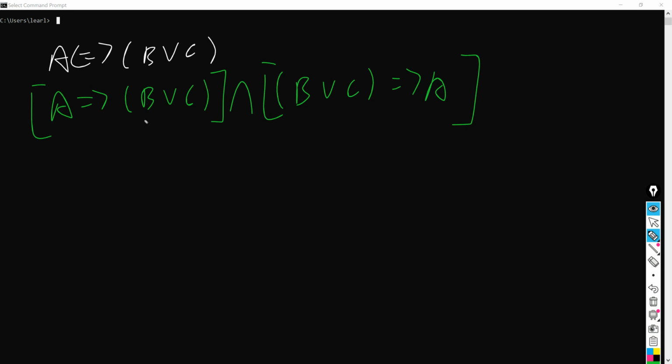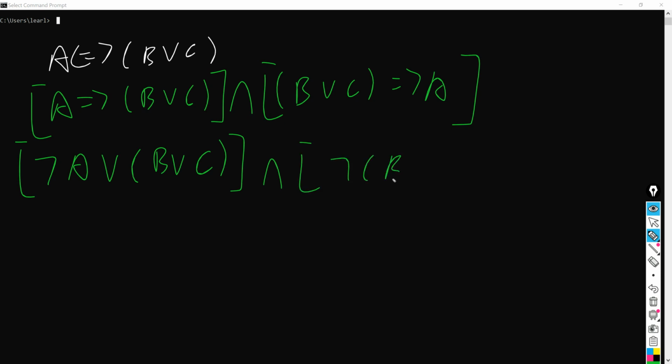However, the second option does not help here, because we still need to eliminate the sign here. So we choose the first option. So we just and here, or here. We can still have the bracket here, and we have a negation sign here, B, C, and A.